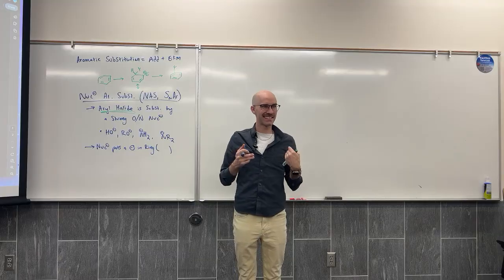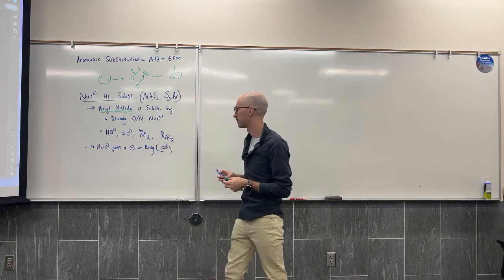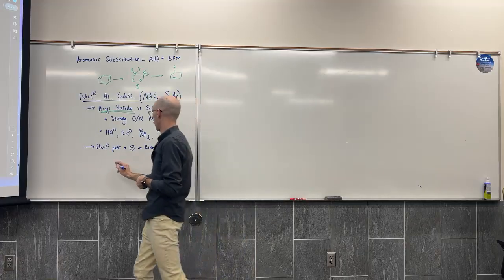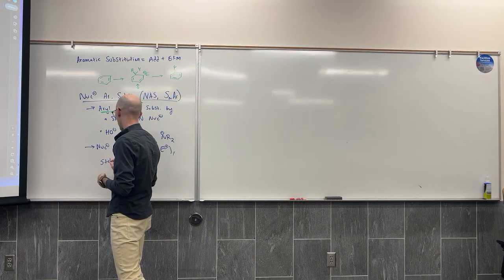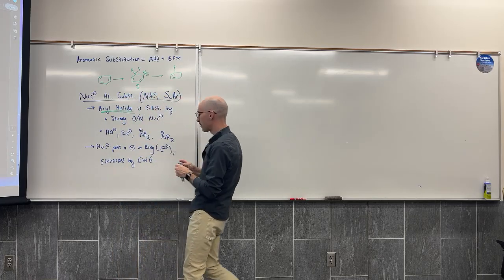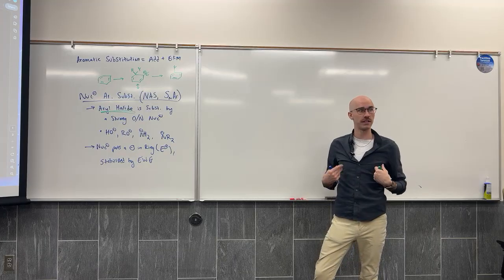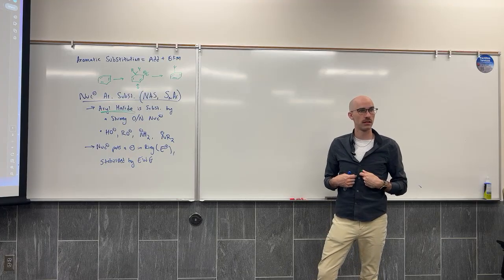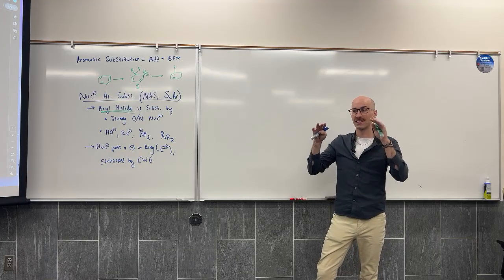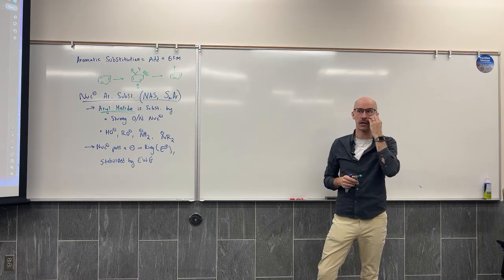The ring is accepting electron density. And this negative charge is stabilized by conjugated groups that can pull electron density toward themselves. Electron withdrawing groups stabilize this negative charge and make it easier for the reaction to occur.